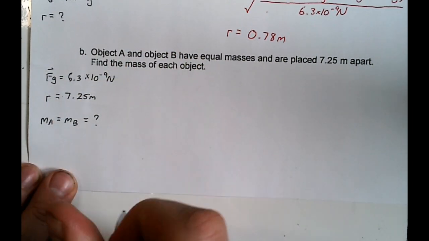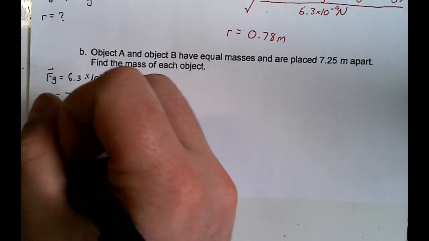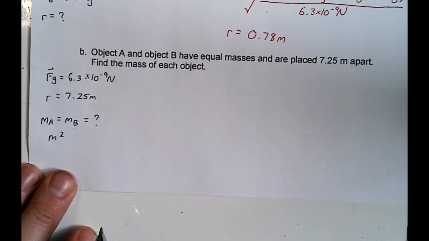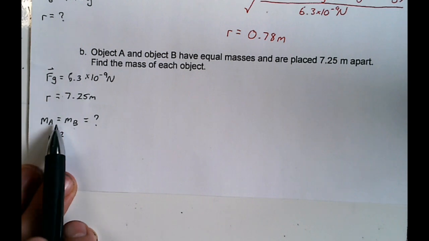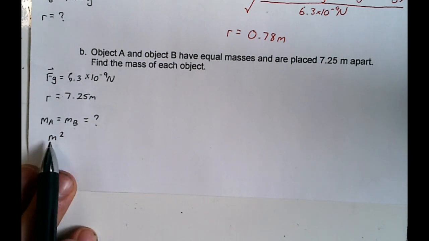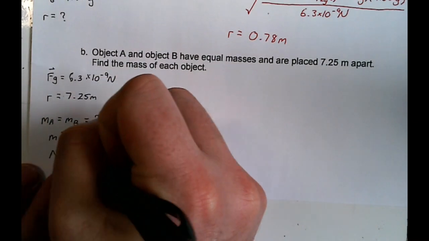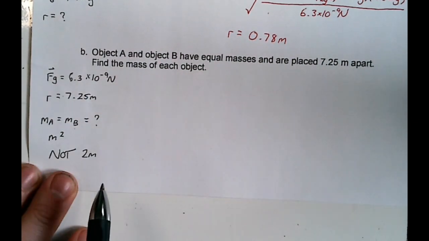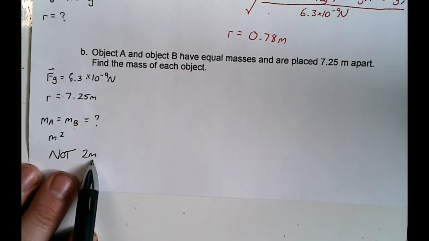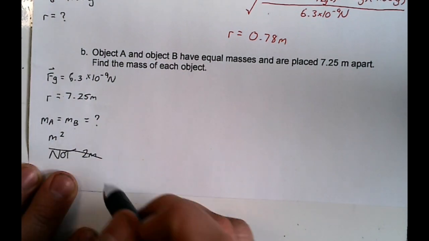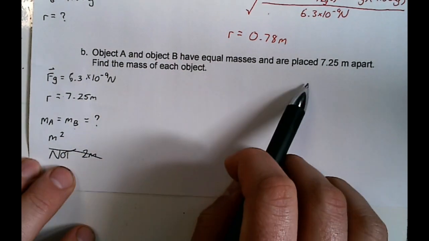So to do that, if they're equal, we can combine them, and they are now equal to mass squared. Something times itself is squared. It is not 2 times m, which is a common mistake. You're not multiplying the mass by 2, you're multiplying the mass by itself. So it's not 2m.